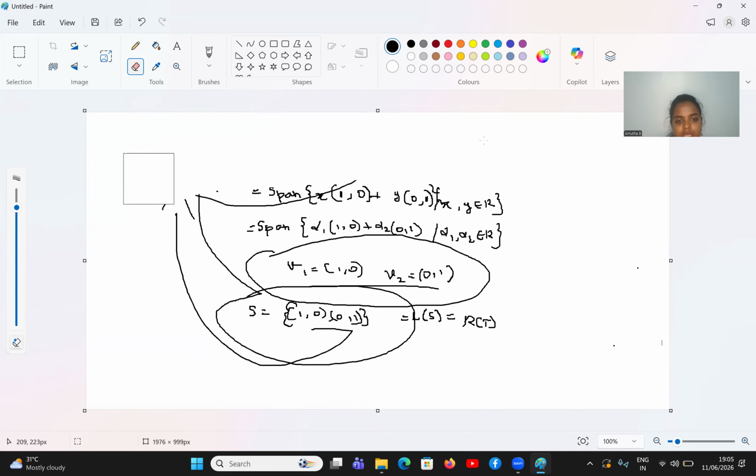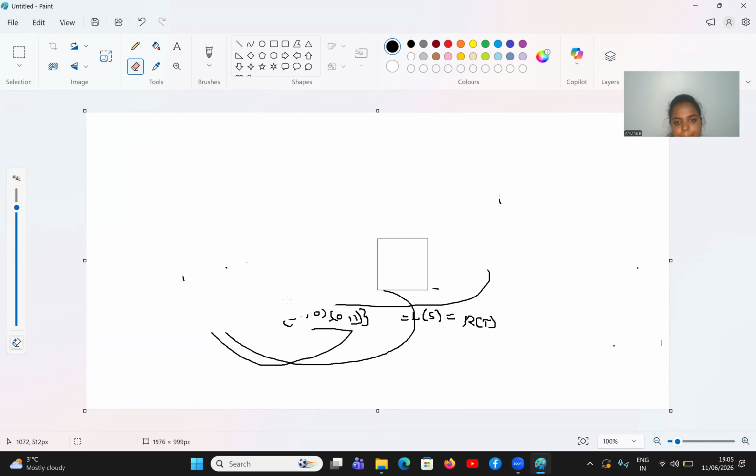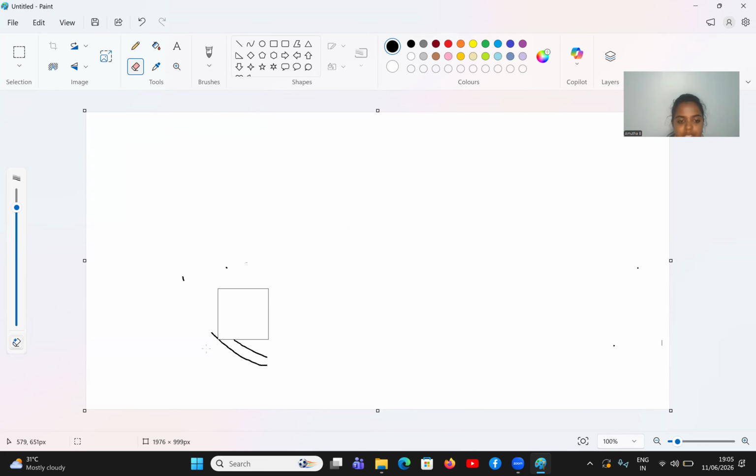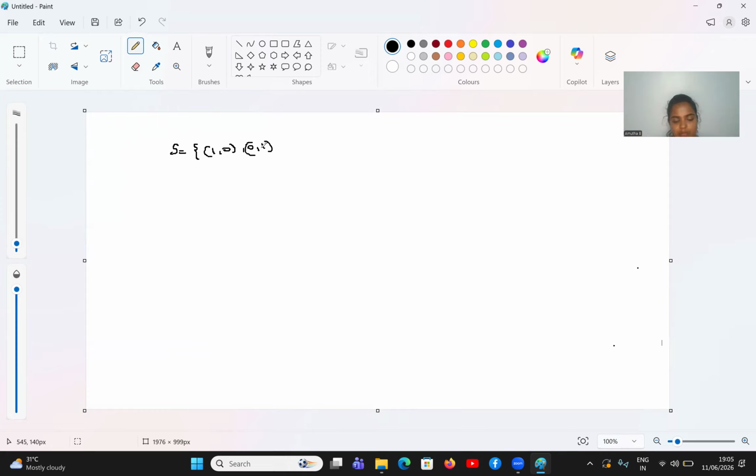What is the first condition of basis? The first condition of basis is nothing but a linearly independent set. So S equals {(1, 0), (0, 1)}. We got that this set is a spanning set, but we have to check whether it is linearly independent. What is the condition of linear independence?